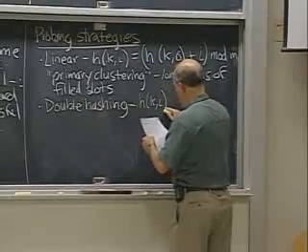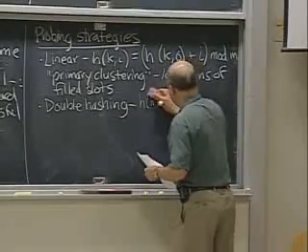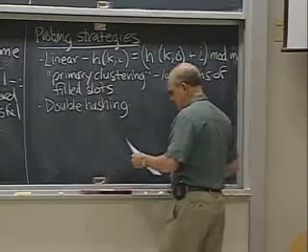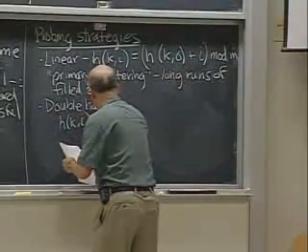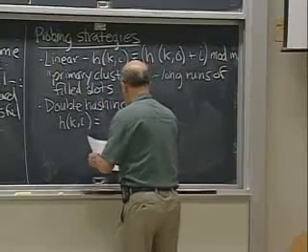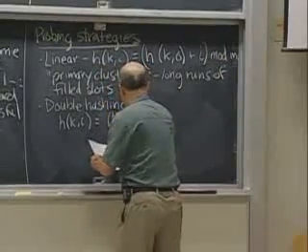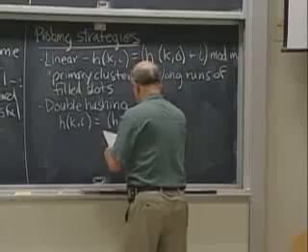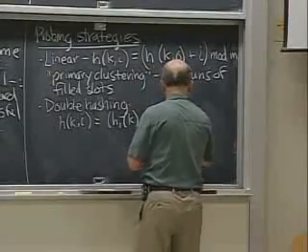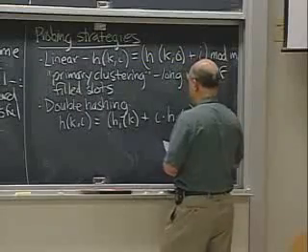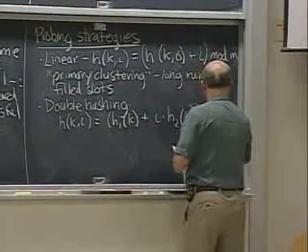Where you let h of k comma i be equal to h1 of k plus i times h2 of k, mod m.